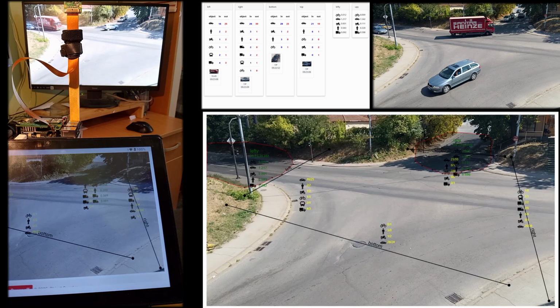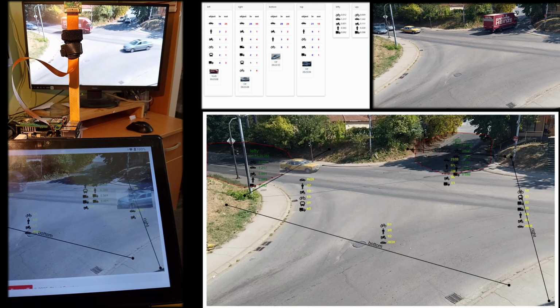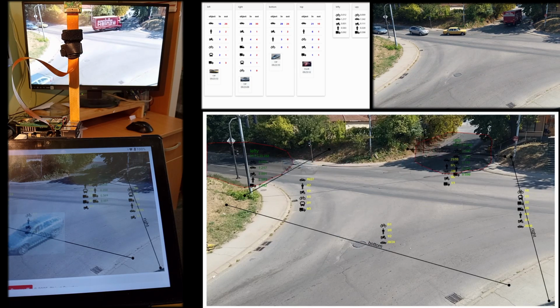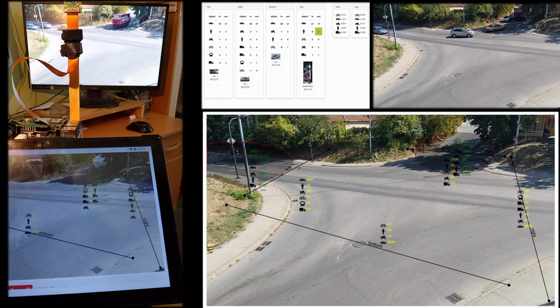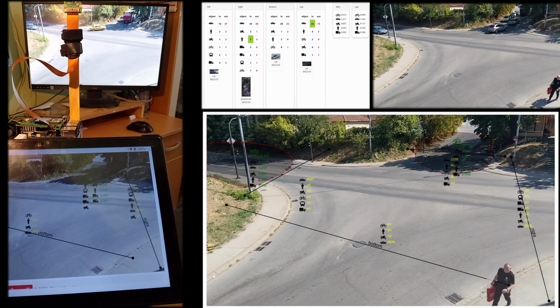But when I'm training the network, I always try, when I have a person mounted on the bike, to treat it as only bike, not a person.